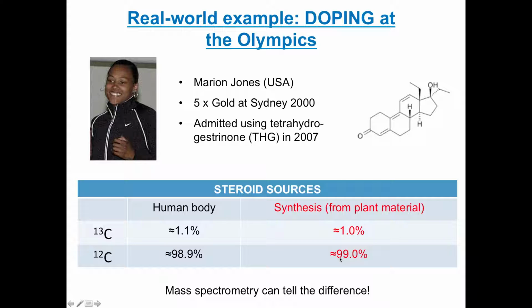In plants, the amount of carbon-13 is more like 1%. And so mass spectrometry can tell the difference. Mass spec is sensitive enough to be able to tell the ratio between carbon-12 and carbon-13 for a particular analyte and figure out if it's a natural abundance or a non-natural abundance. And that evidence was enough to strip Marion Jones of all her gold medals.